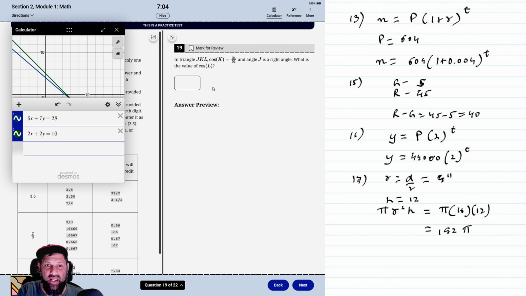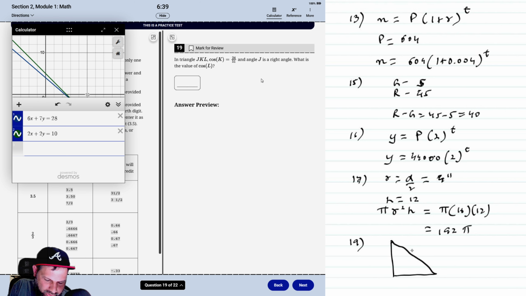In triangle JKL, cosine K equals 24 over 51, and the angle J is a right angle. What is the value of cosine L? There are a bunch of ways to do it. You can use a triangle here.